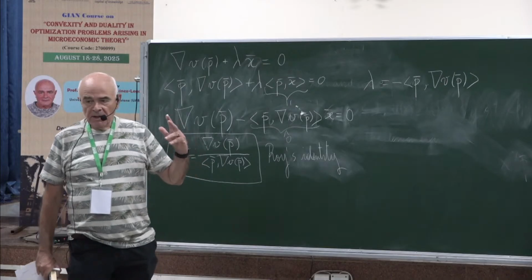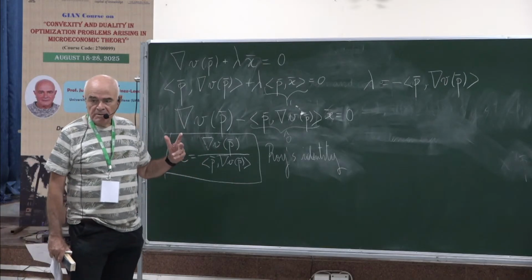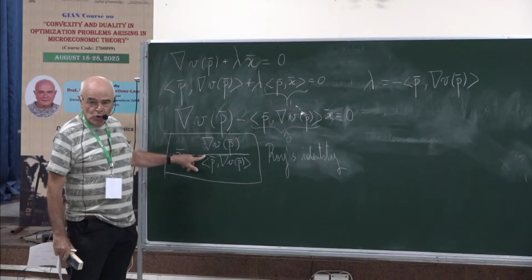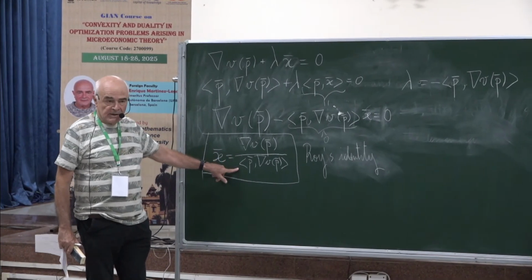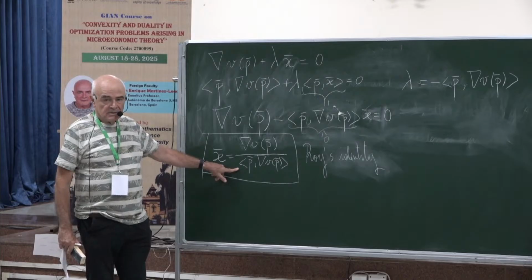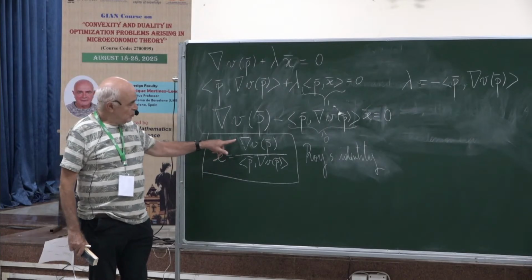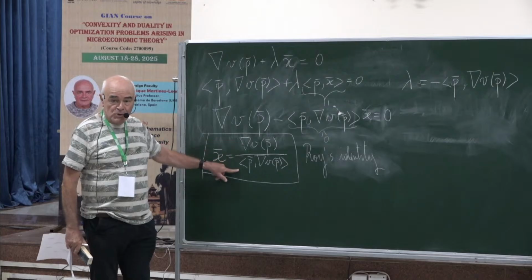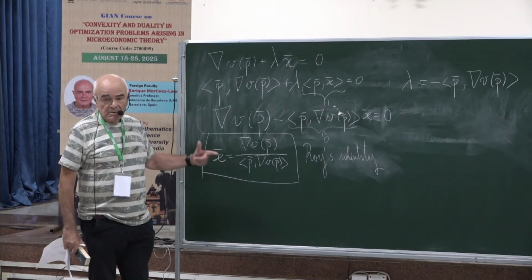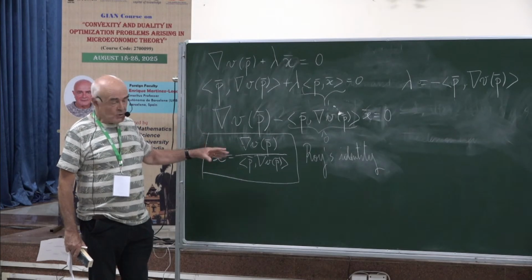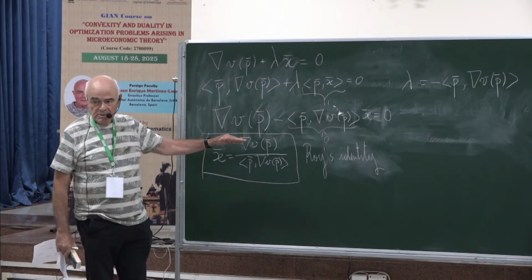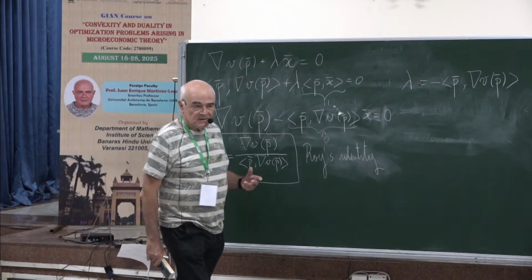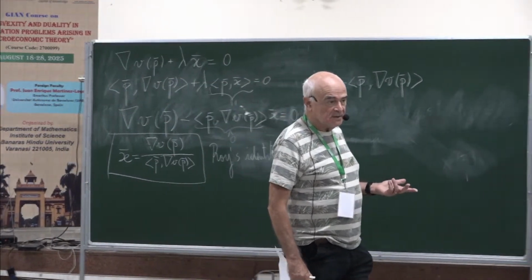So multiply it with a number such that the cost is equal to 1. Dividing by this scalar makes it so that if you take the inner product of this with p bar, so you evaluate the cost of buying this vector, then it's equal to 1. So this is the coefficient which normalizes.